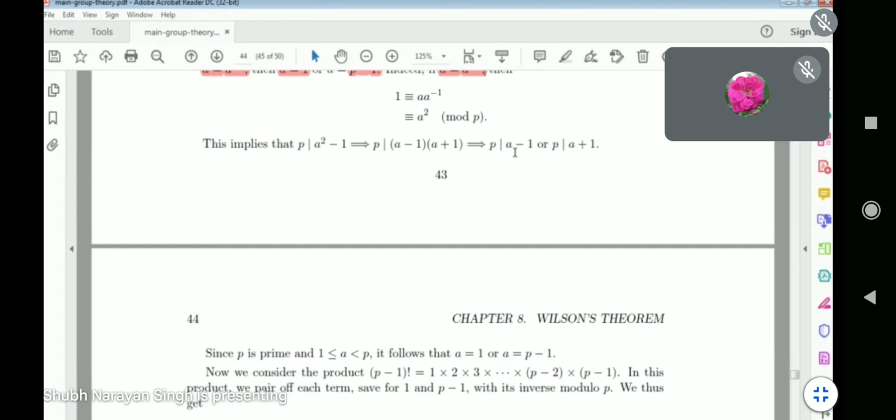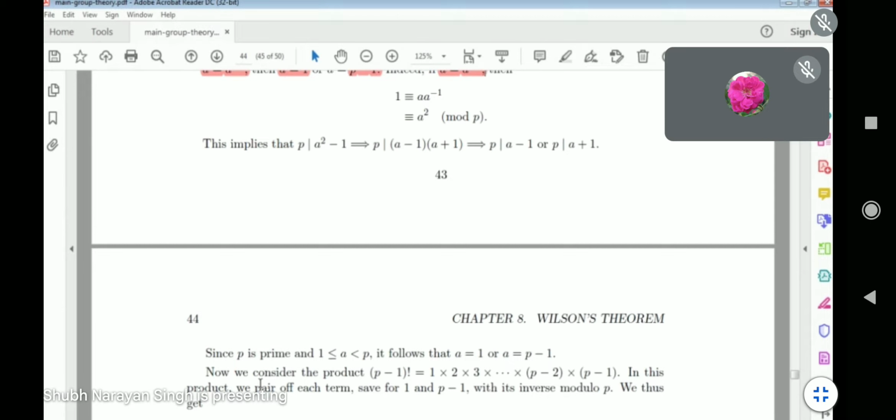That's why A is either 1 in this case, or in this case A is P minus 1. That means P minus 1 plus 1 gives P. So from here A is equal to 1, from here A is equal to P minus 1.